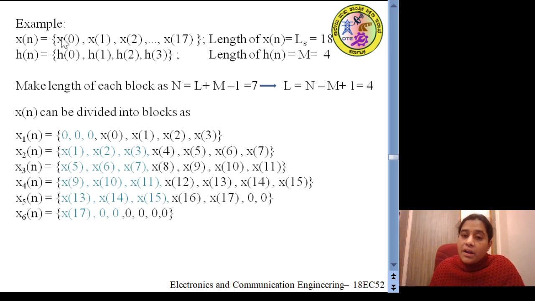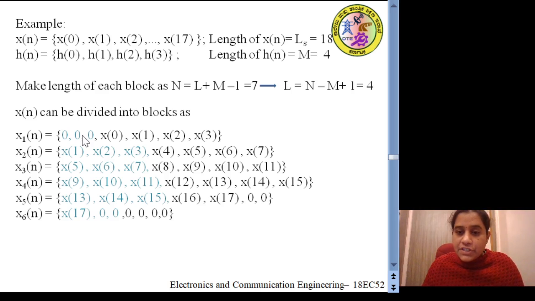That means we are considering the long data sequence x of n, and we are dividing these samples into a number of blocks. How are we dividing? The first block has the first m minus 1 samples appended with 0, and the remaining values are from the input sample.